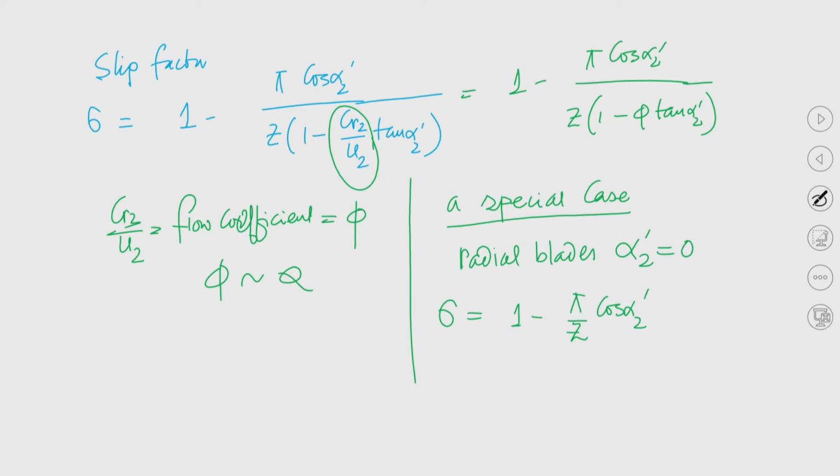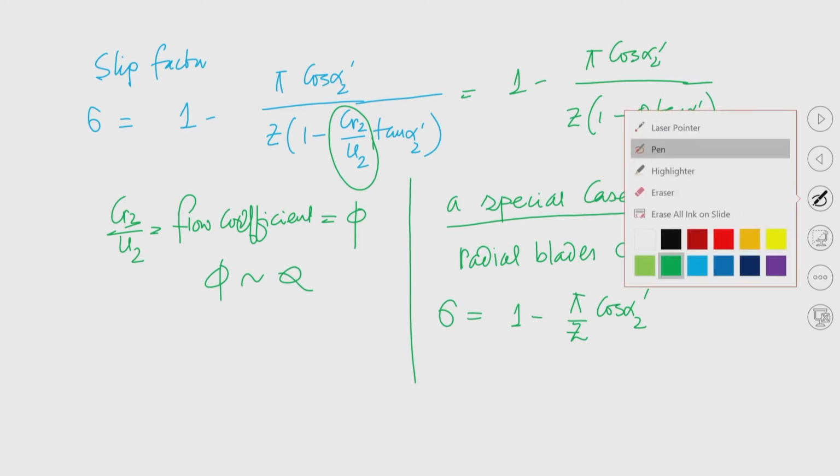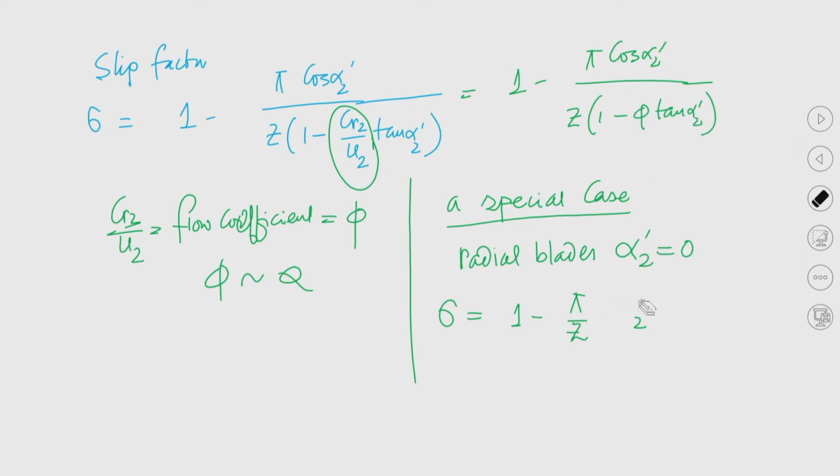So, alpha 2 will not be there. So, this will be 1 minus pi by z, right.